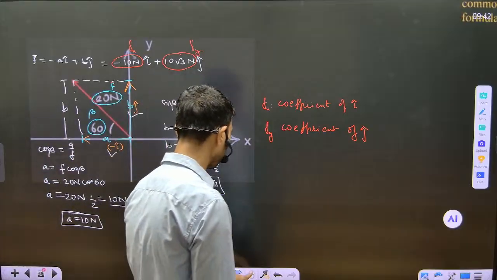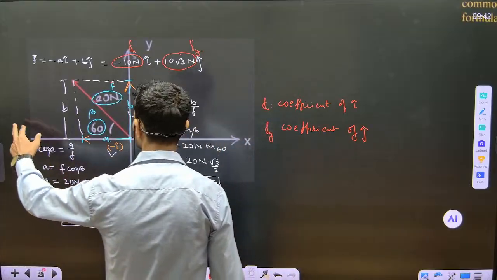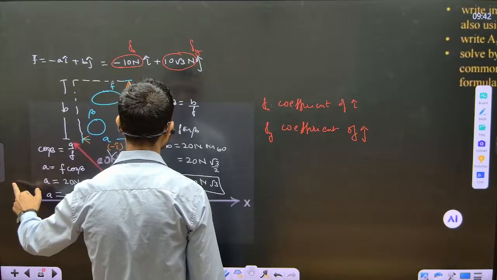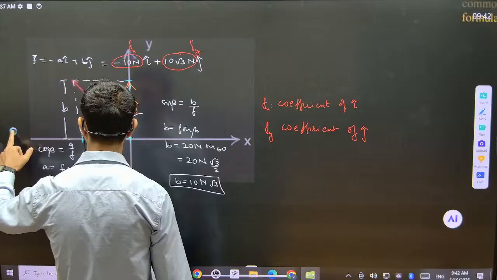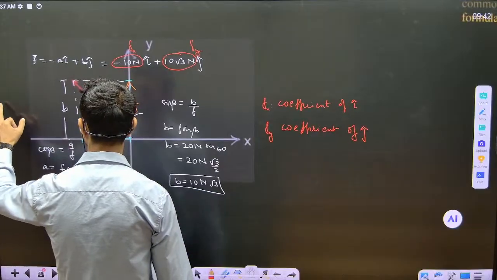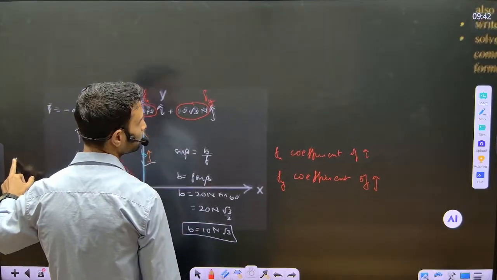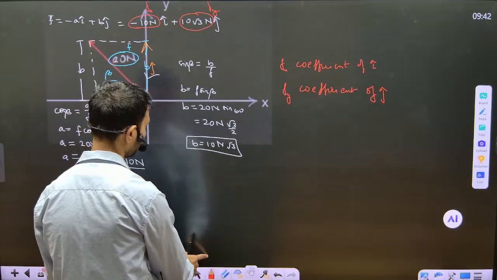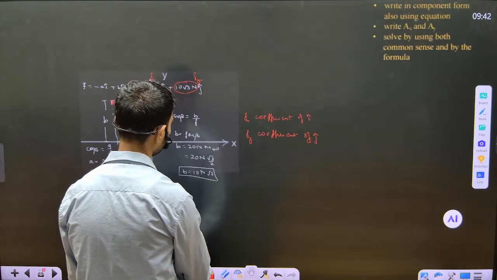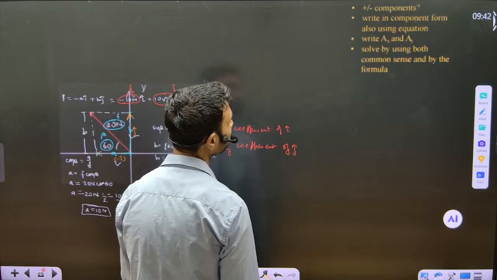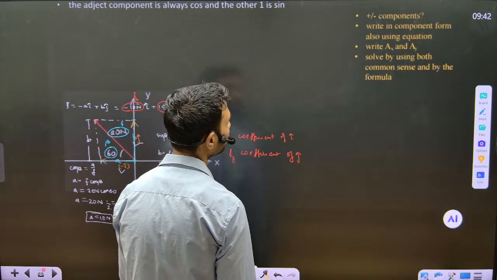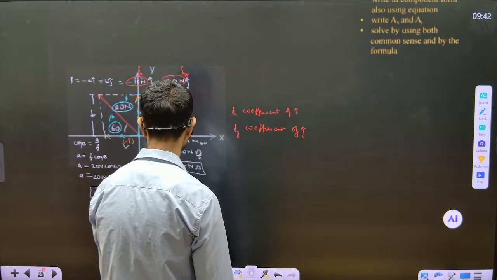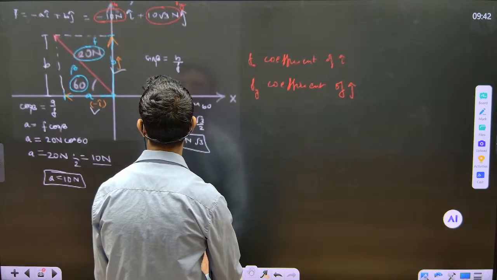So we got fx and fy also. Right? So we can take this down.